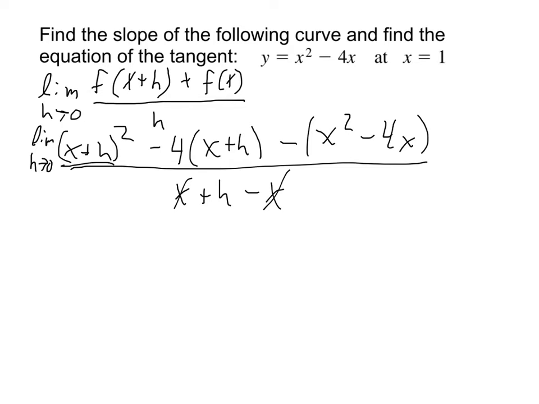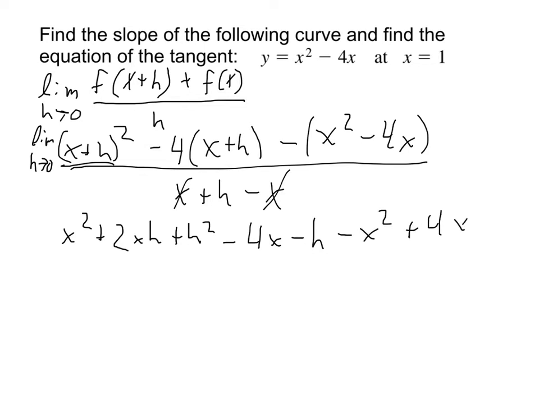Simplifies this piece, goes to x squared plus 2xh plus h squared minus 4x minus h minus x squared plus 4x, all over h. Again, this is the limit as h goes to 0.